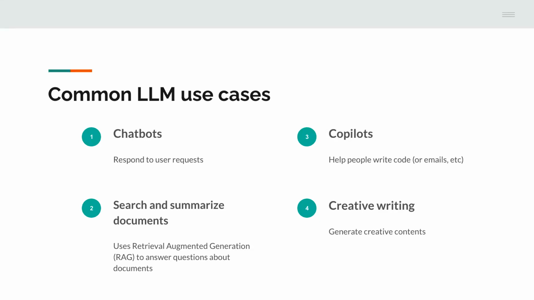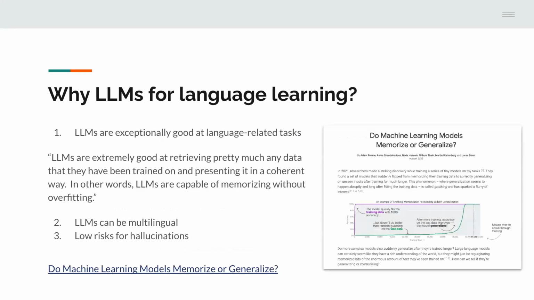But as you can see, they're not very specific to one single domain, right? So why do I think that large language models can be helpful for language learning? There is this article that you can find online: Do machine learning models memorize or generalize?